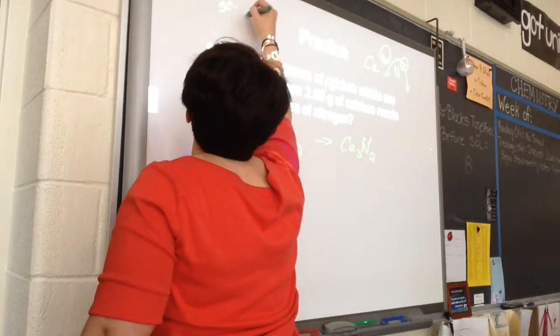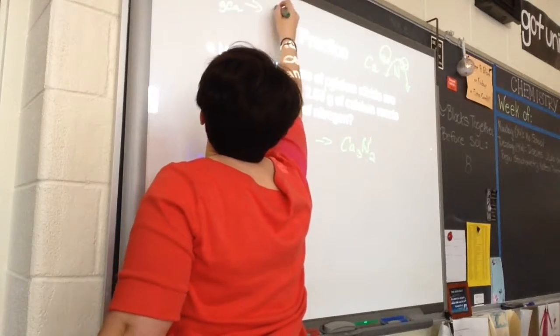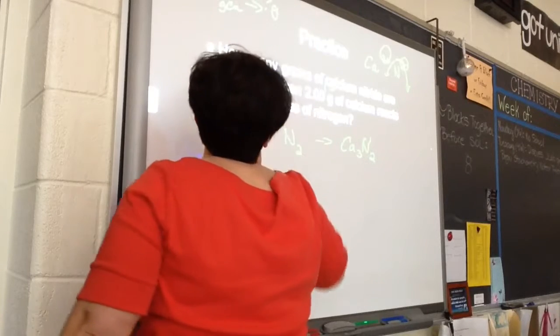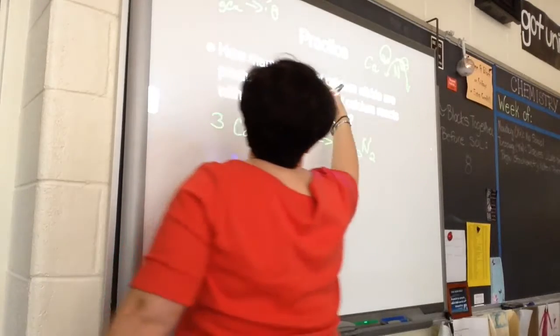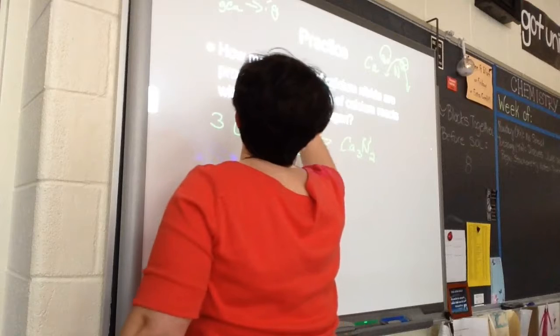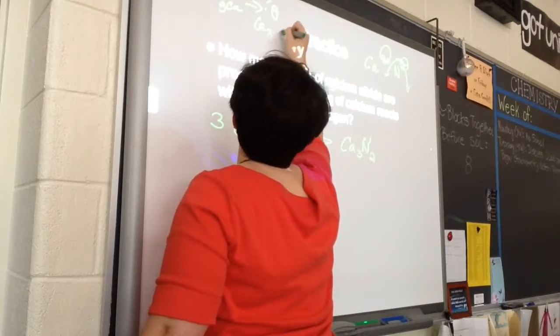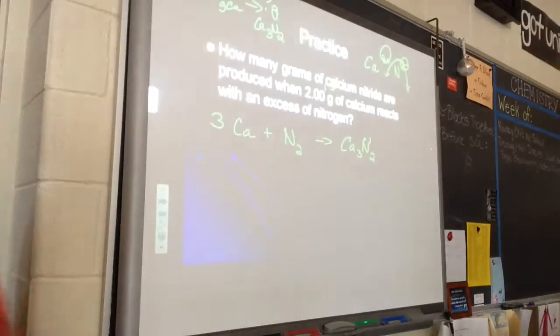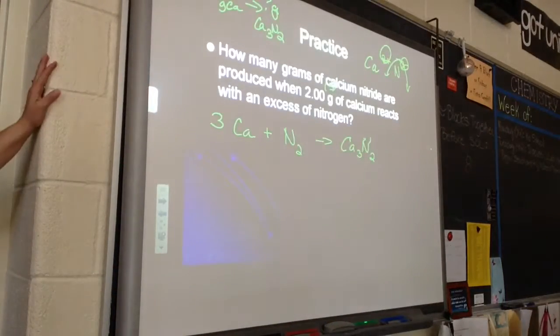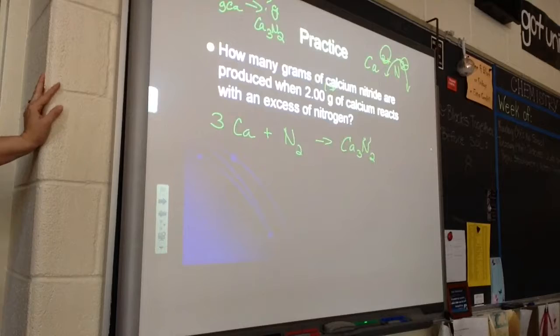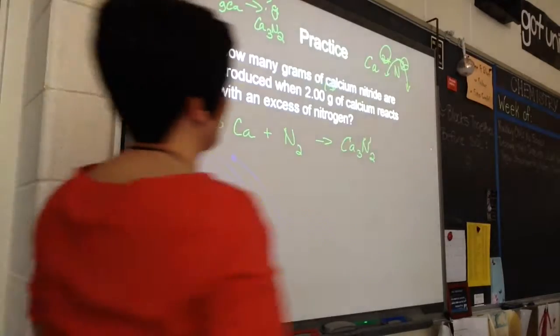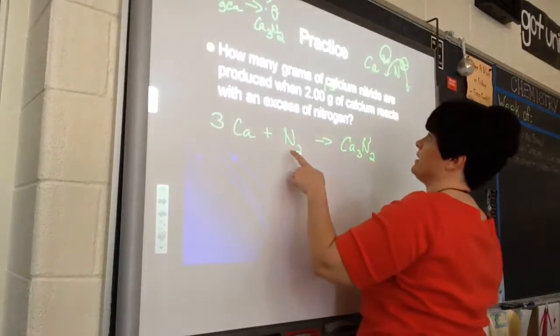2.0 grams calcium is equal to, we're not sure, how many grams of calcium nitride? We need 2 molar masses, yes? One of them's super easy.